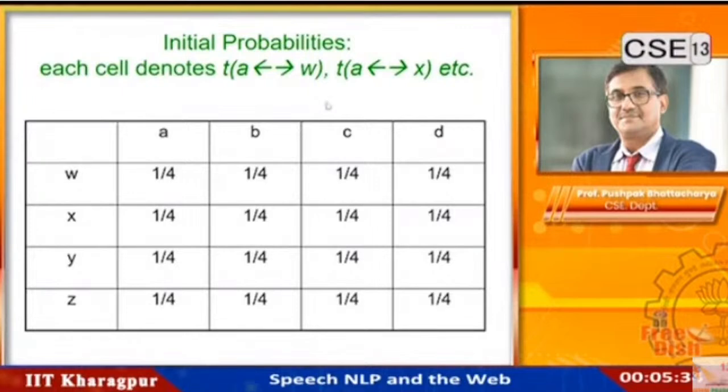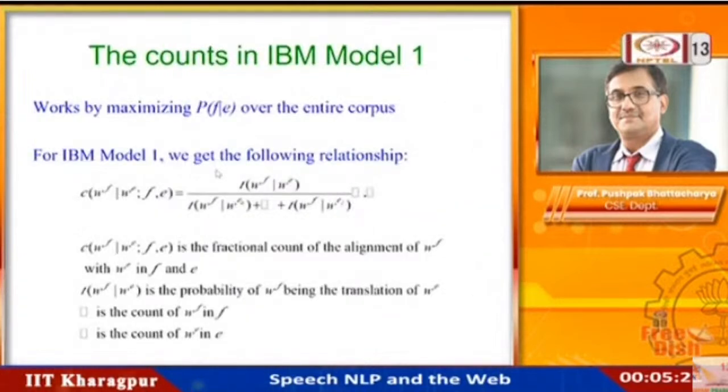Each cell denotes the transition probability of A going to X, etc. Then I apply the maximum likelihood estimate principle, and from there we get the expected count of how many times WE maps to WF in terms of the translation probabilities, or the alignment probabilities.